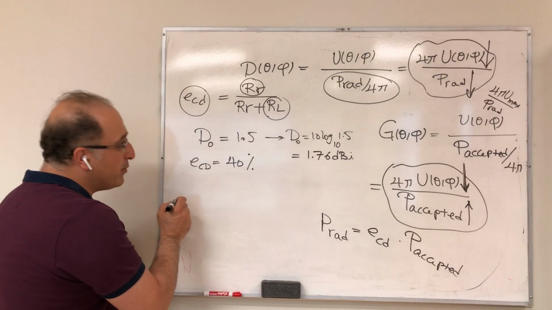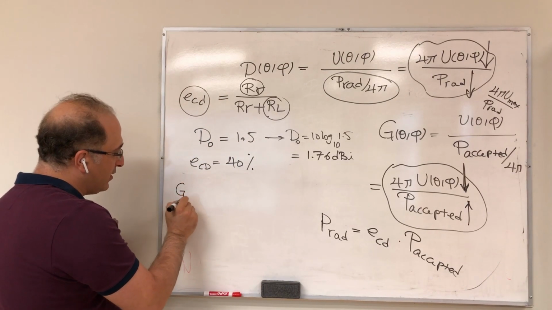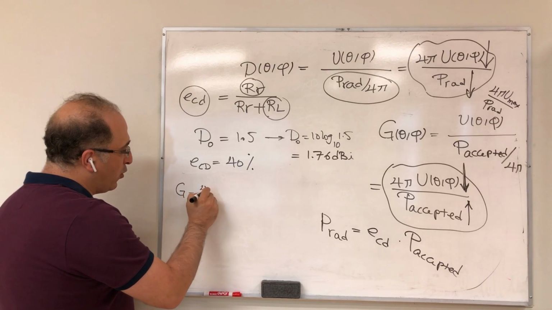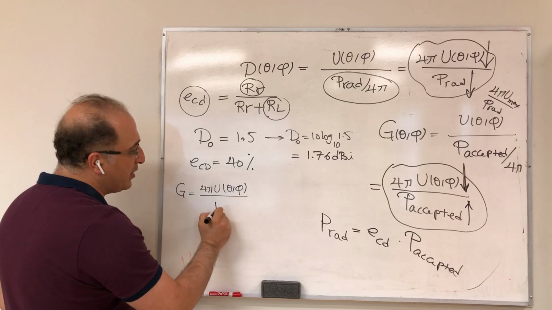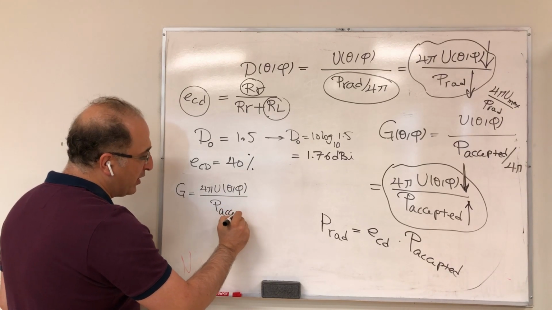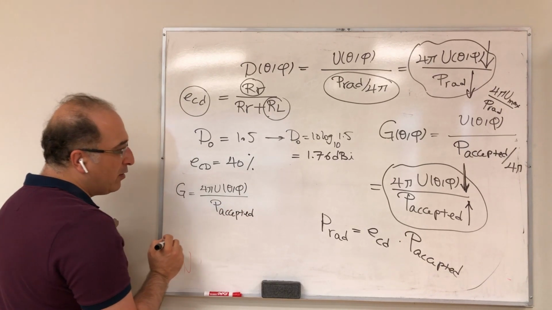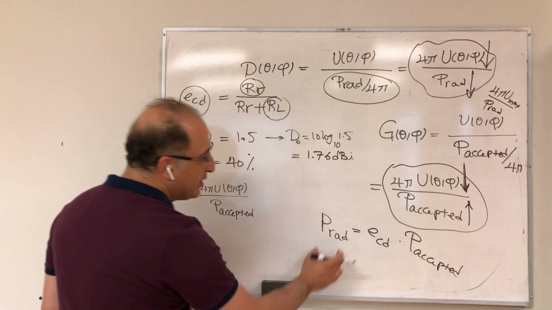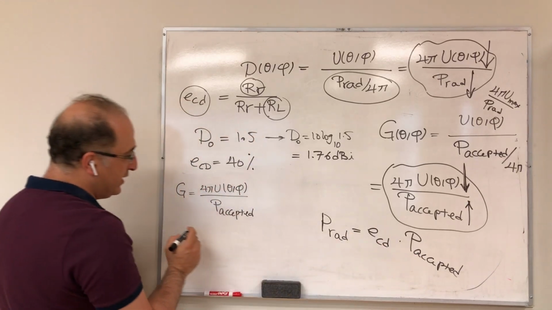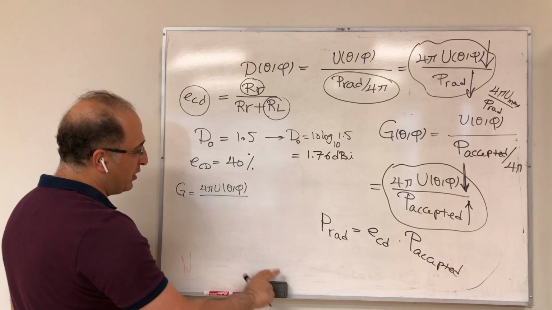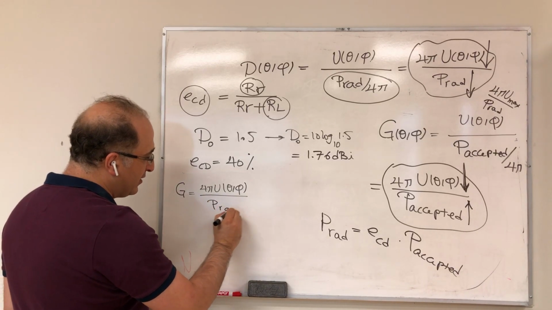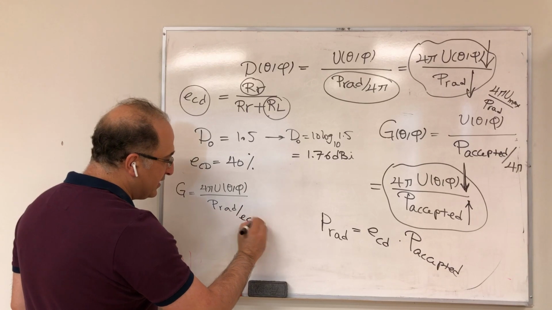So remember, gain is 4 pi U theta phi divided by P accepted by the antenna. Now, I know that P accepted is P rad divided by ECD, so I'm going to write P rad divided by ECD.